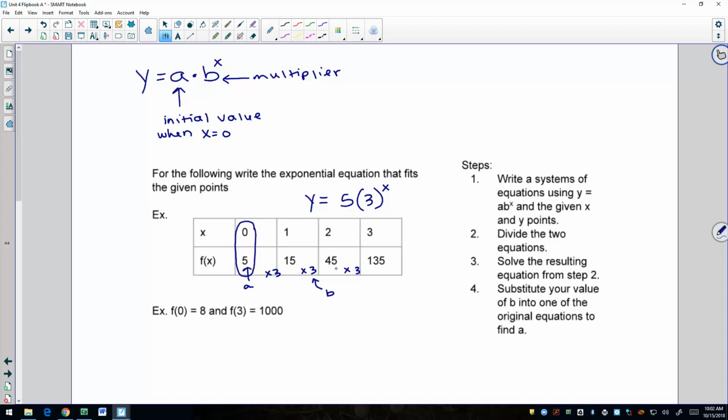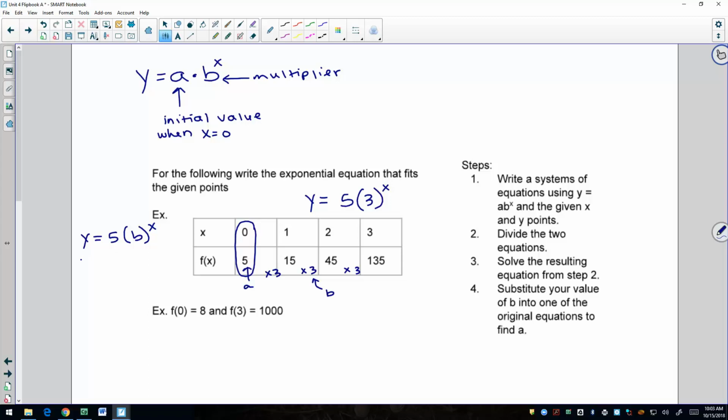Now, if you could not figure out what it's going up by, because sometimes it's not as easy to just look at and figure out, you would have to pick your favorite point. Pick any point. I'll pick 1 and 15. I know what my initial value is. It's 5. So I know this much so far. Then I would pick a point, 1 and 15, and plug those in and then solve for b.